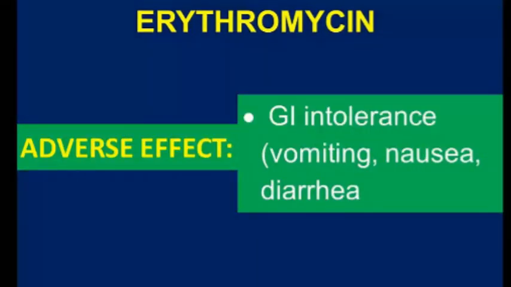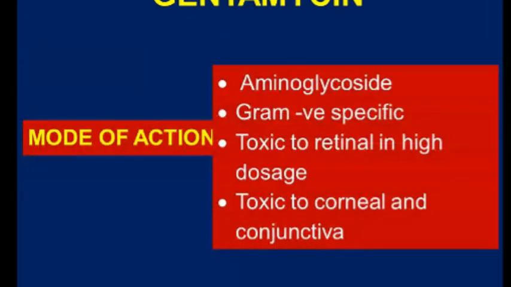So looking at the adverse effects of erythromycin, one of the adverse effects is gastrointestinal intolerance. So it can cause vomiting, nausea, and diarrhea. So gentamicin: gentamicin is an aminoglycoside. It's a gram-negative antibiotic.